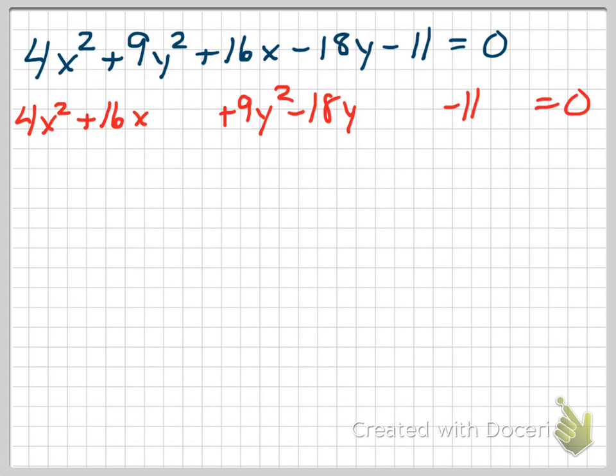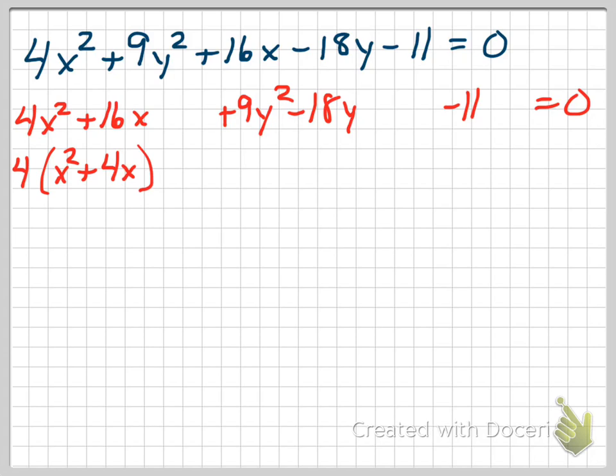Step 2, which was not part of the circles, we have to factor out the leading coefficients in each separate pile. So for the x's, I'm going to take out a 4. Just like that. Just in that pile.